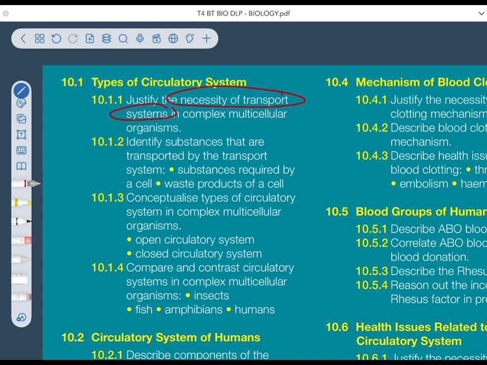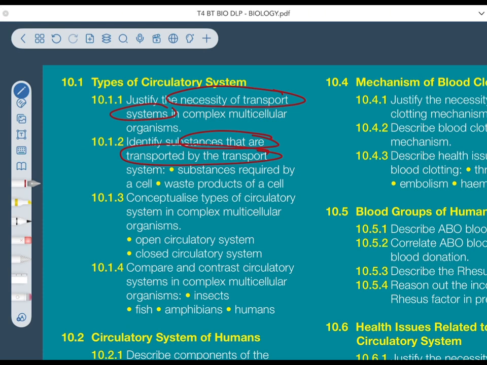First of all, we need to justify the necessity of transport system in complex organisms. Next, we also need to identify what are the substances that are transported by our transport system, like nutrients. We need to transport the nutrients to all parts of our bodies, and at the same time the living cells will excrete some waste products such as carbon dioxide, urea, and toxins.